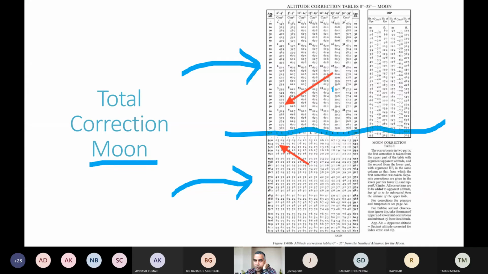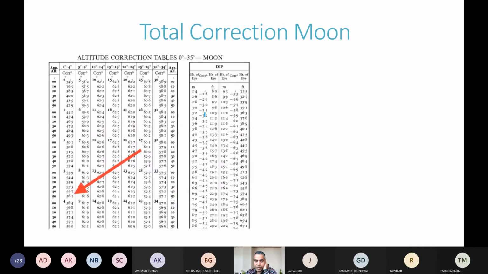If you zoom into the upper part, this is how the upper part looks like. We enter into the upper part of the table with the apparent altitude. Let us say, for example, the apparent altitude of the moon is 32 degrees and 30 minutes. So you see 30 to 34 altitude here.